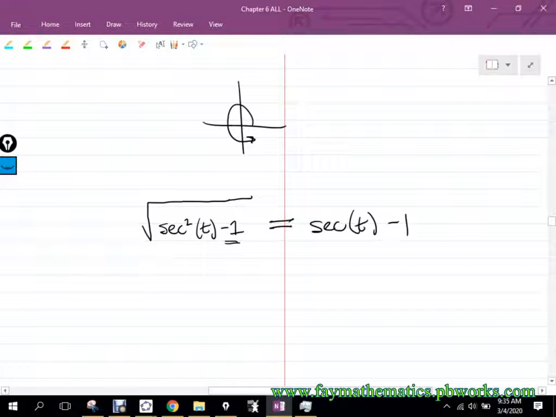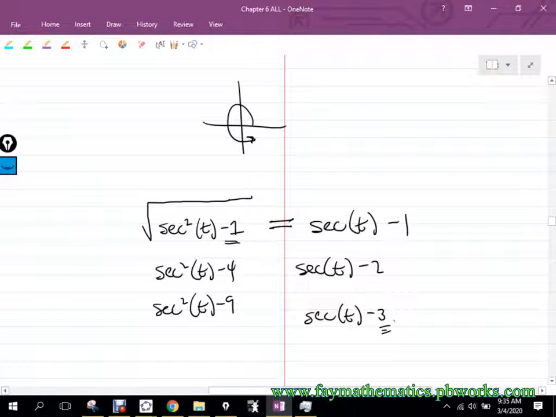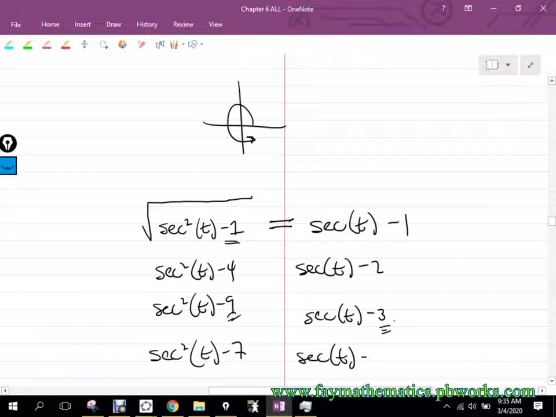If this was secant squared of t minus 9, you would write secant of t minus 3, right? That's what I get a lot. So if I get secant squared t minus 7, a lot of people will write secant t minus root 7.